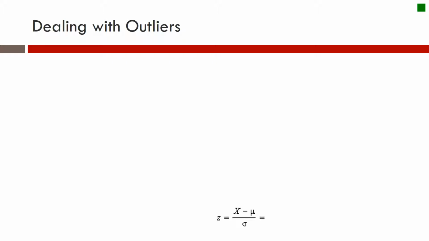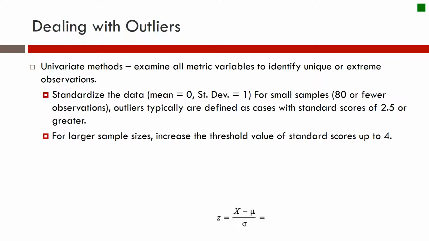Okay, so as we want to deal with these outliers, we need to identify first where the outliers are, and what would constitute an outlier. If we have an individual variable, one of the things we can do is standardize the variable, so that the variable's mean will be 0 and its standard deviation will be 1.